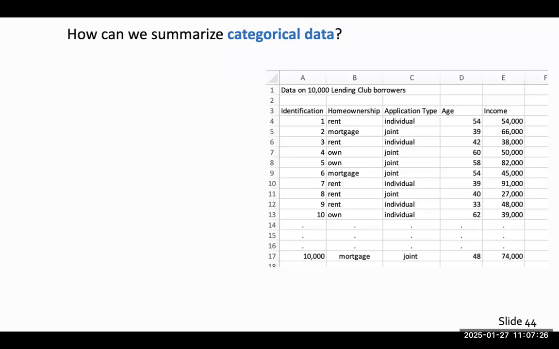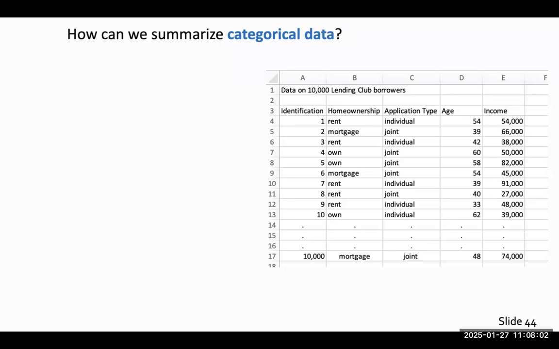So here I have a data set. It's a spreadsheet, and I have different variables. This is data from a company called the Lending Club, and they have 10,000 borrowers. They took some data from each borrower, such as whether they rent, mortgage, or own their house, whether they filed a joint or individual application, how old the borrower was, and how much money they made each year, their income.